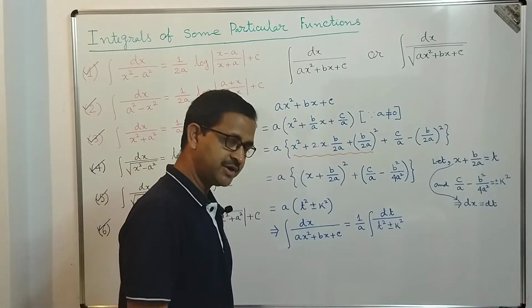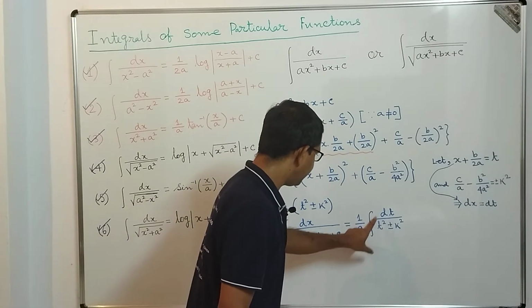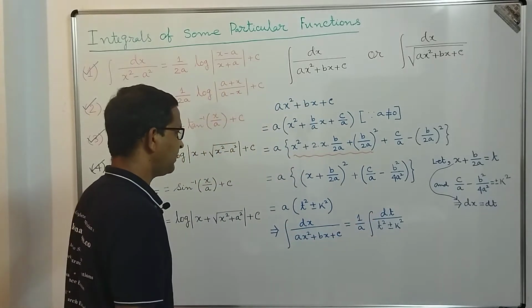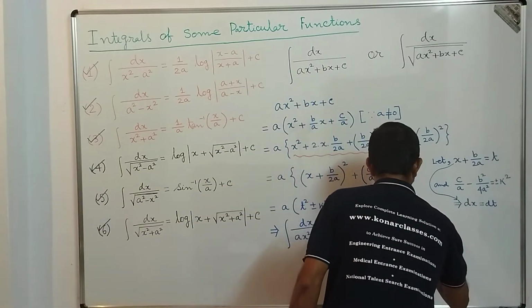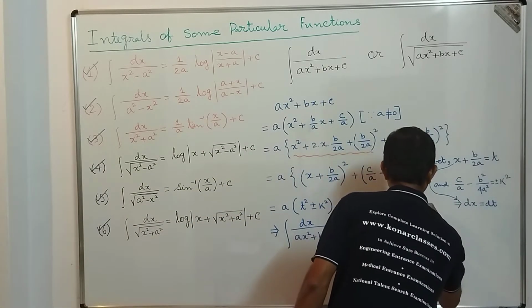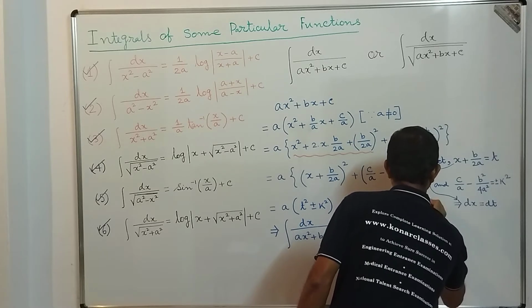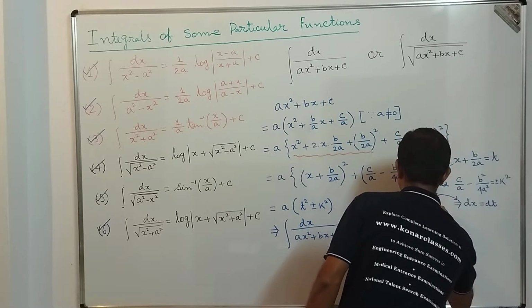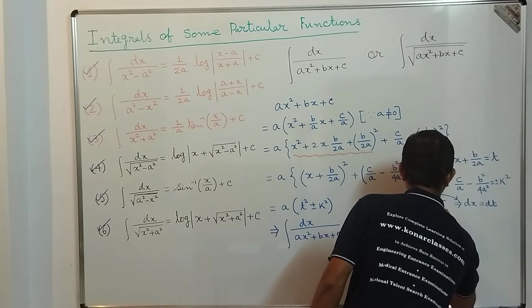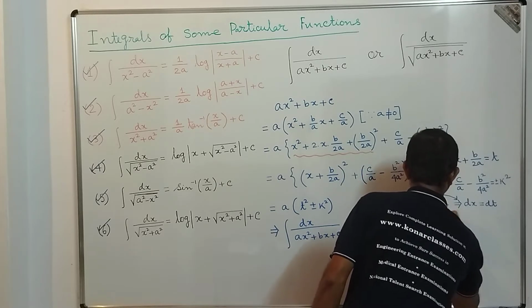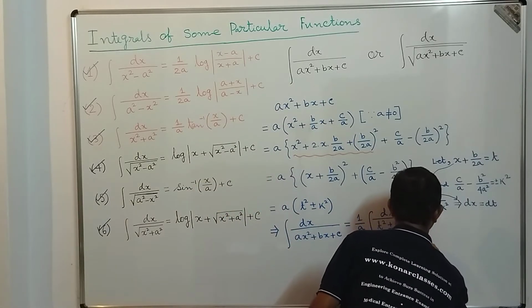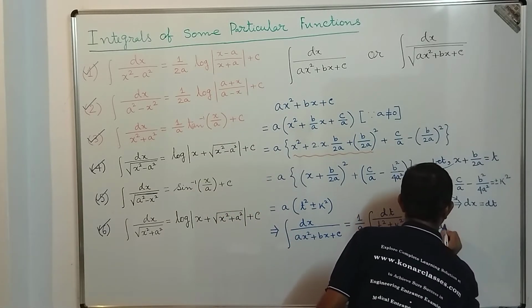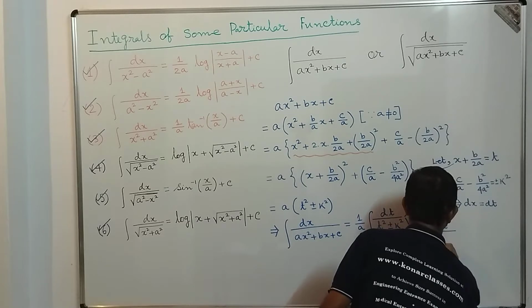Correct? Now look at it, that 1 by a dt by t square plus minus k square, this is a known form. So it could be what? It could be either like this, 1 by a into integration dt by t square plus k square, or it could be 1 by a integration dt by t square minus k square.